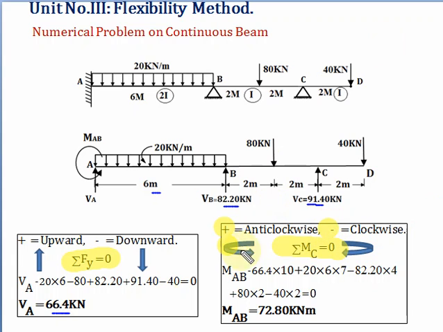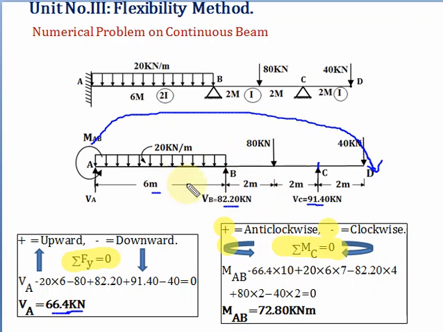So MAB is acting in anti-clockwise direction, so positive. The vertical reaction at A is 66.4, which acts in clockwise direction, so minus 66.4, and the total distance is 6 plus 4, that is 10.